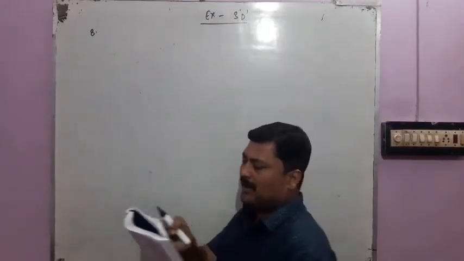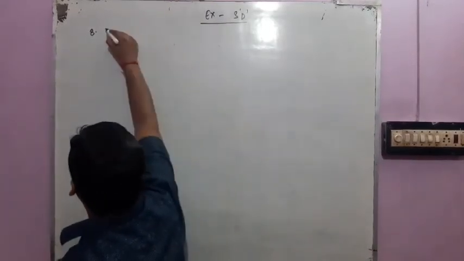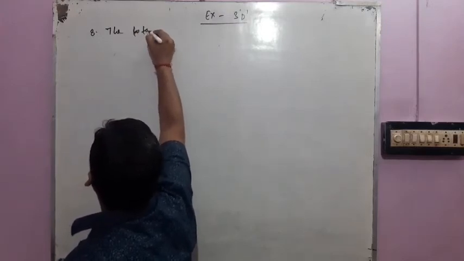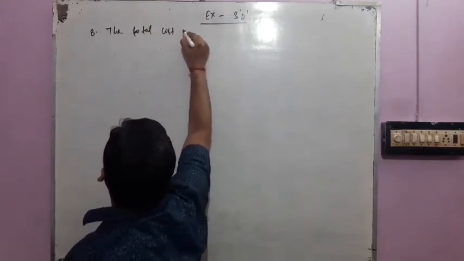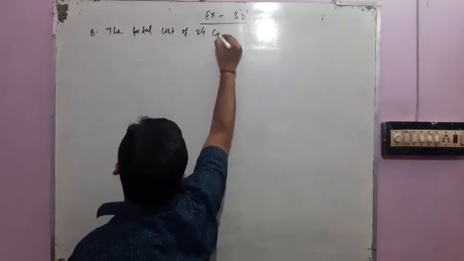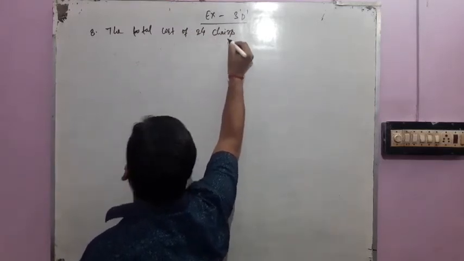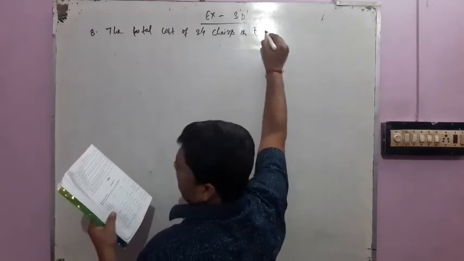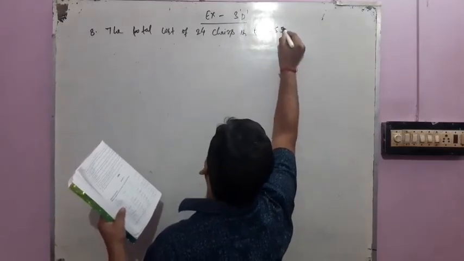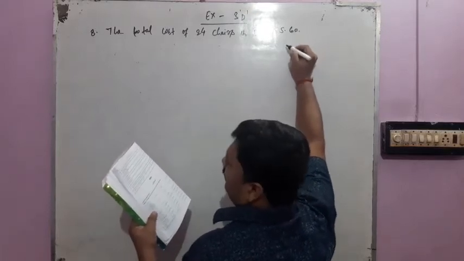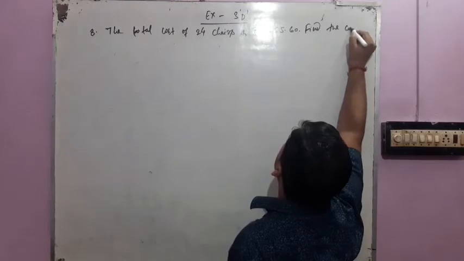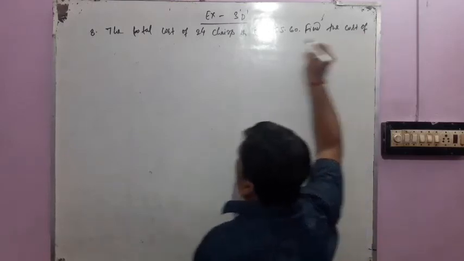Now in question number 8: the total cost of 24 chairs is rupees 9,255.60. Find the cost of each chair.